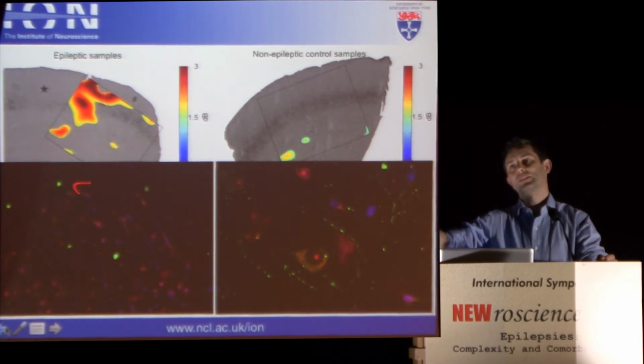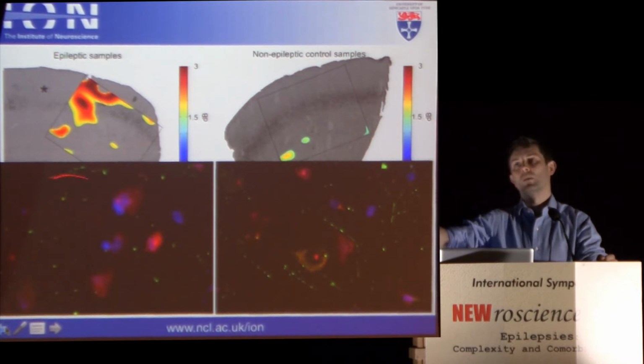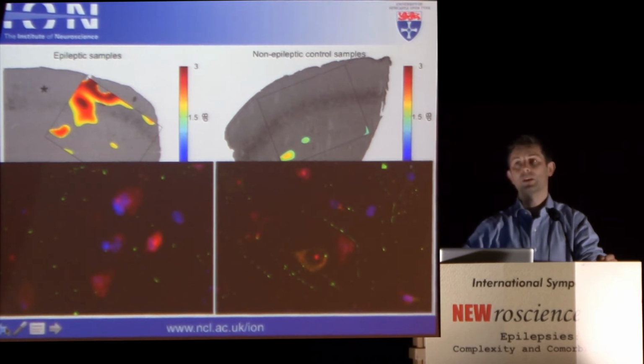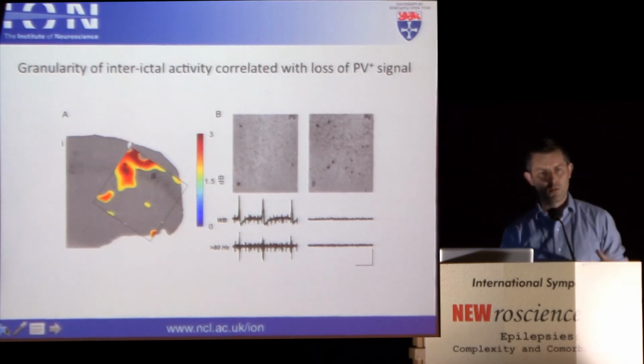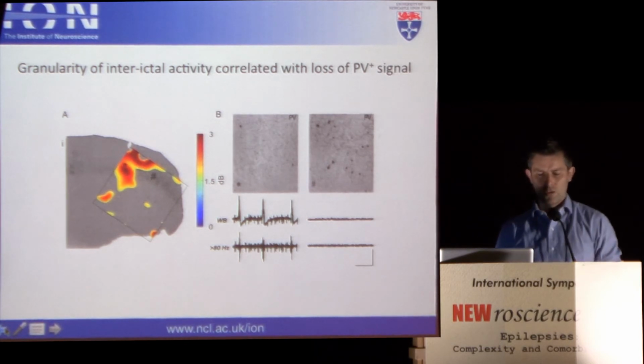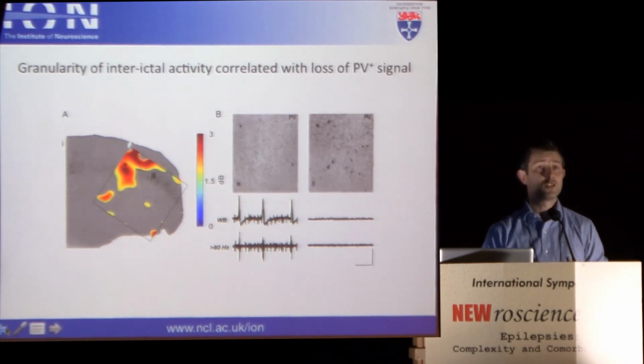However, in the epileptic sample, there's clearly a reduced density and also a significant lack of perisomatic targeting PV terminals. So what I want to get across here is that there is a granularity of interictal activity which is correlated with a granularity in the loss of parvalbumin signaling.